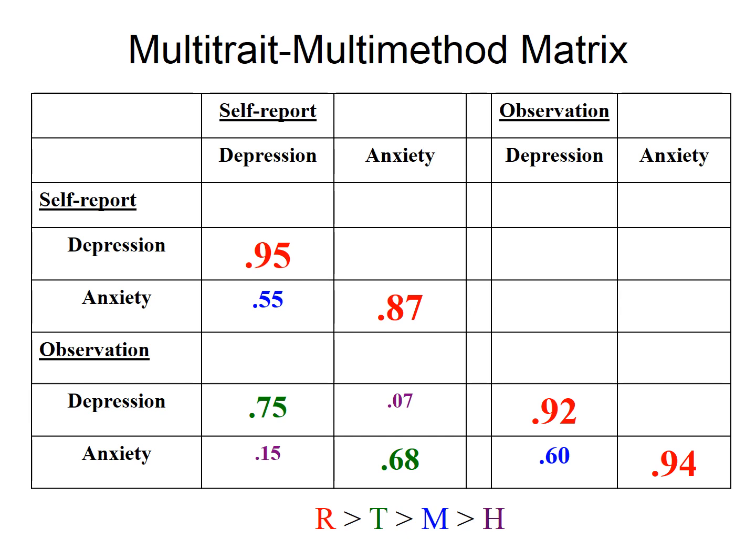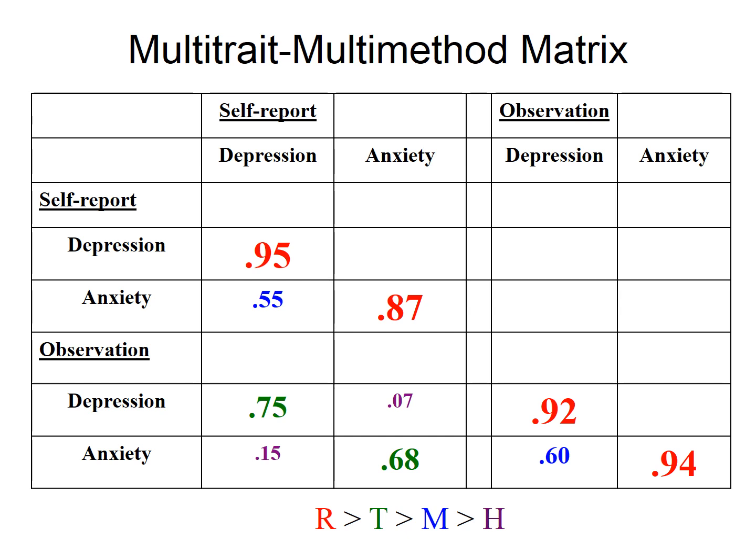Hence, multi-trait, two different traits, and multi-method, two different methods. What we should find is that if we're measuring the same trait with the same method, that's where we should find the strongest correlations.